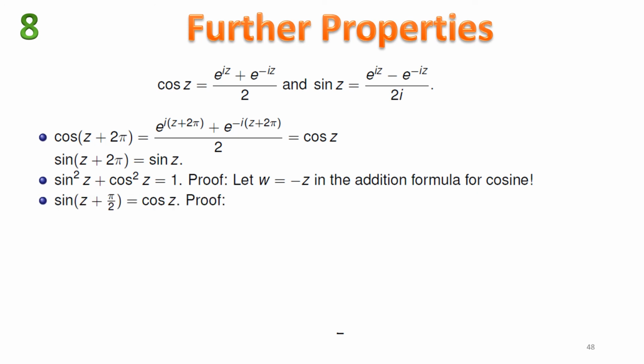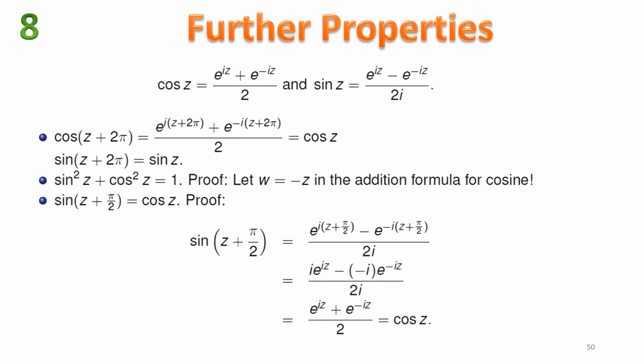Similarly, sine of (z plus pi by 2) is equal to cos of z. So sine of (z plus pi by 2) is equal to e to the power i(z plus pi by 2) minus e to the power minus i(z plus pi by 2), divided by twice i. This is by definition.